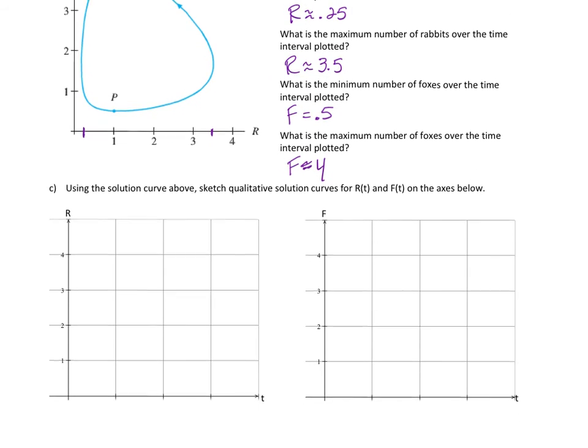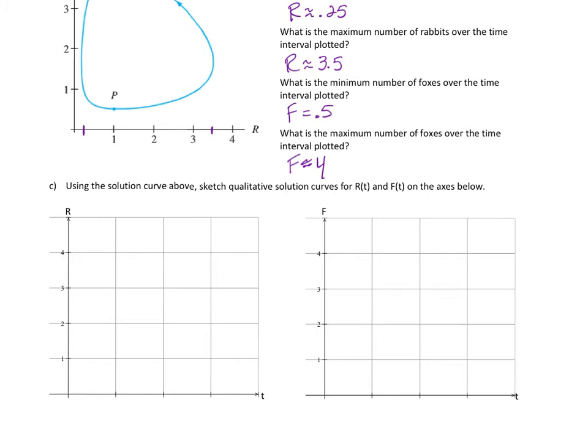You have to remember that time does not show up in this picture, so the scale along the horizontal axis is unknown to us. We did not capture time in this phase portrait. All I can tell is what happens qualitatively over some period, however long it takes to do this cycle.